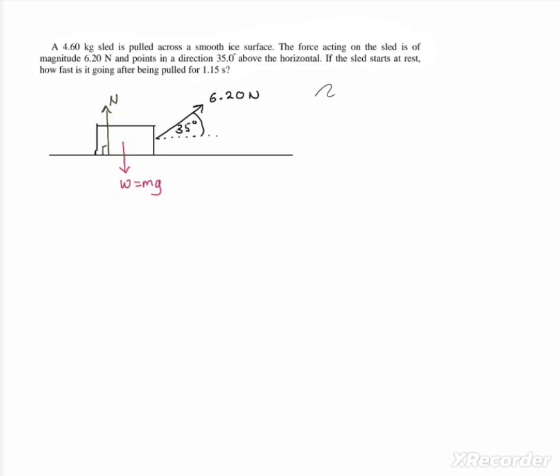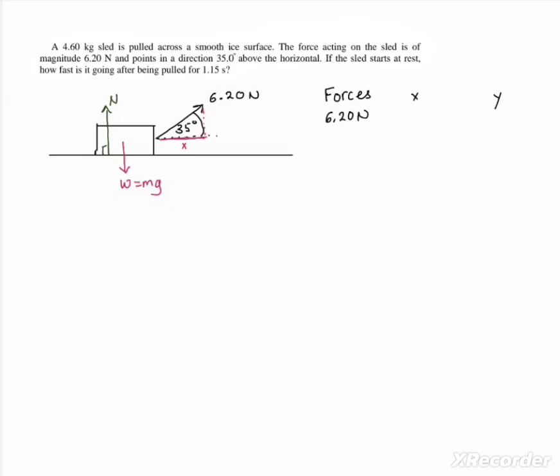Let's draw our force chart. We have forces and the x and y components. Let's look at our pulling force, which is the 6.20 N force. So what's the x component of it? The x component would be this part right here. This is our x.